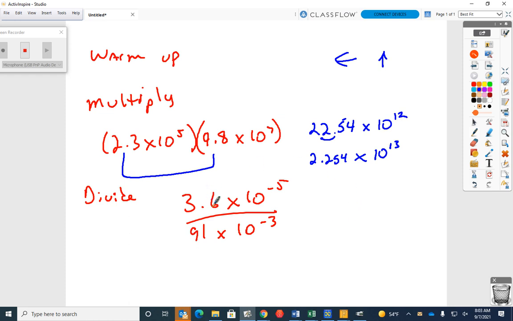Okay, let's do the second one. I'm going to divide 3.6 by 91 first. If I do that, we'll just round that to 0.0039. And what's my rule if I have the same base? What do I do with my exponents if I'm dividing?